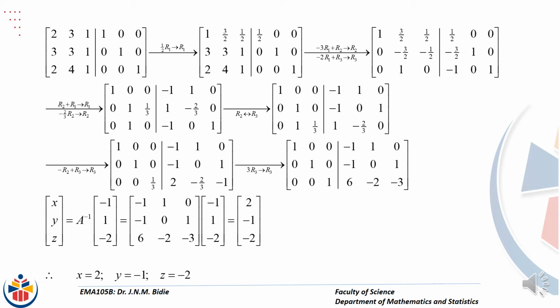And then thereafter we noticed that the entries -3/2 and 3/2 can cancel each other out if we add them up. Remember, the identity matrix requires the first row to be 1, 0, 0.